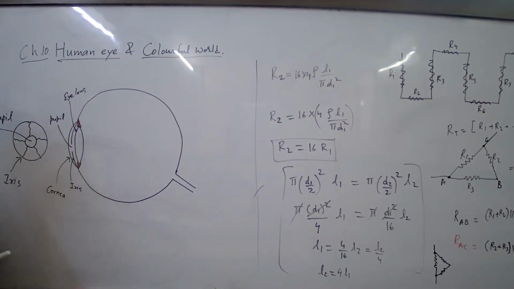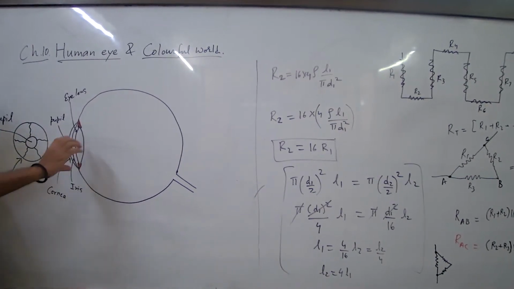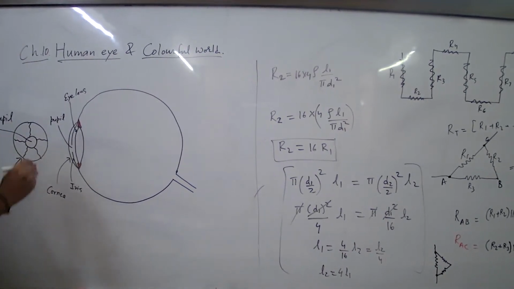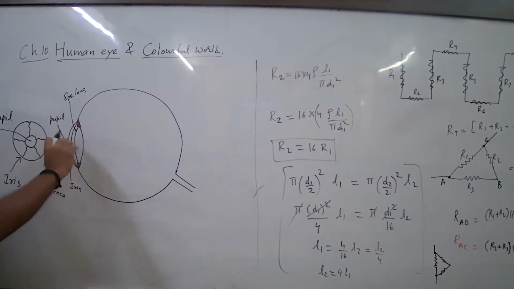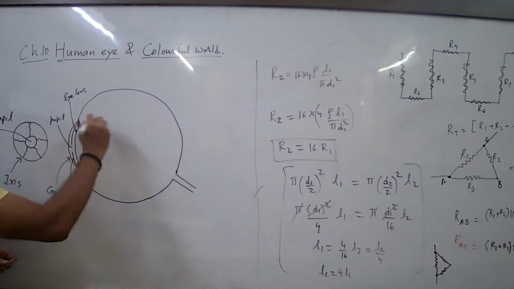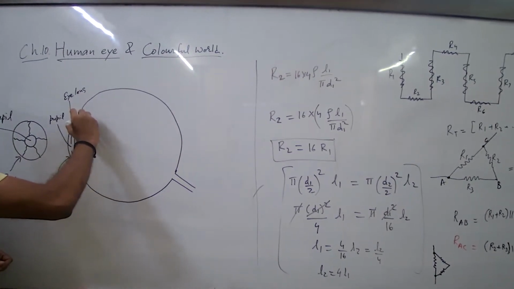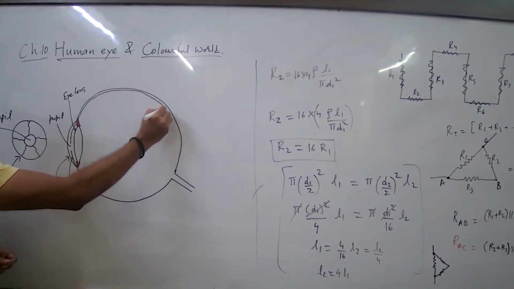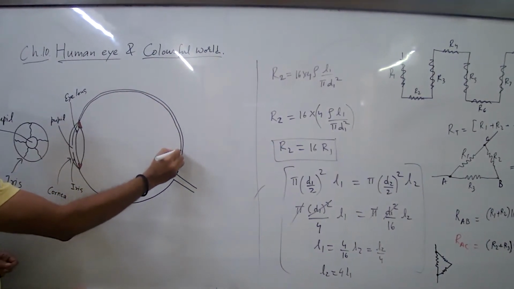Understood? So the eye lens is held by ciliary muscles. Now when the light enters the eye, any object in front of the eye, the image is made on what you call the retina. So the retina is the screen on which the image is made.